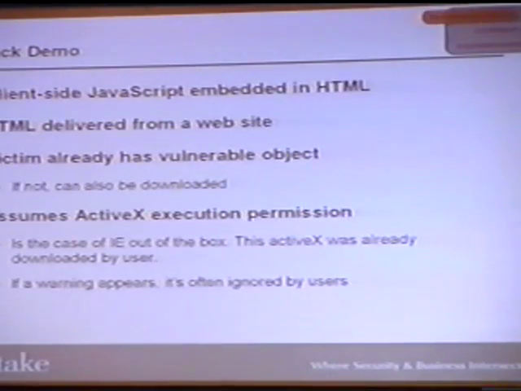If the target of your attack does not have the COM object on their system, it's very easy, through cab files or through the location of the COM object, to help the user download it. Those warnings where they say yes, no, or whatever, they usually say yes all the time. So this COM object will eventually be downloaded if it's not on the system already. And IE does provide for some ActiveX execution permission.